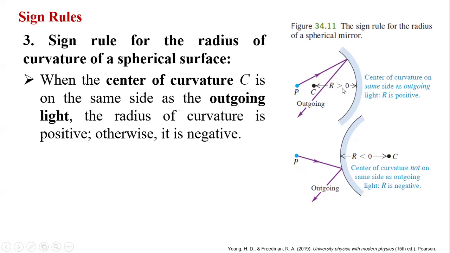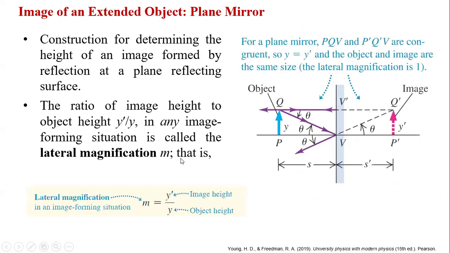Here we have the radius of curvature R. If it is on the same side as the outgoing light, then it is positive. But if not on the same side as the outgoing light, then R is negative. This is the rule for spherical surfaces.